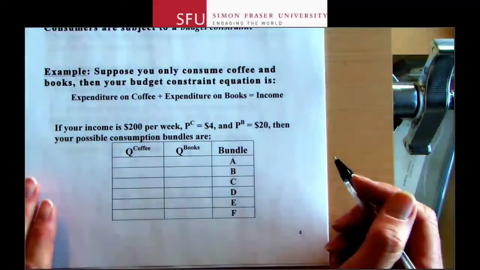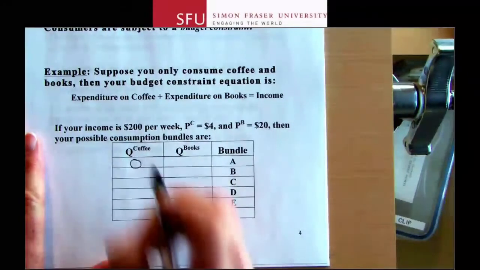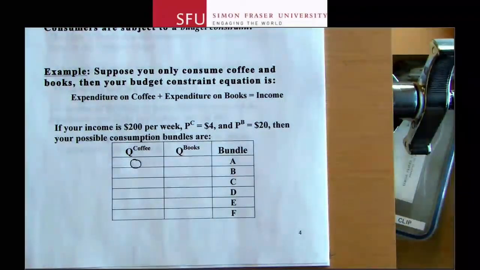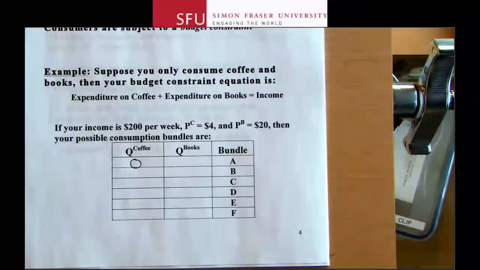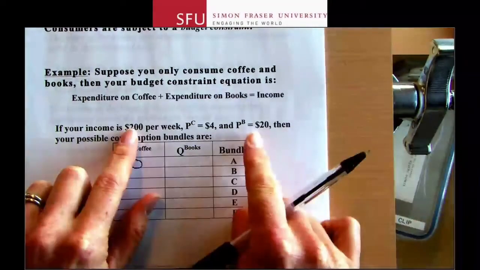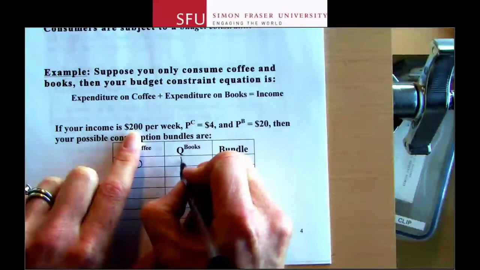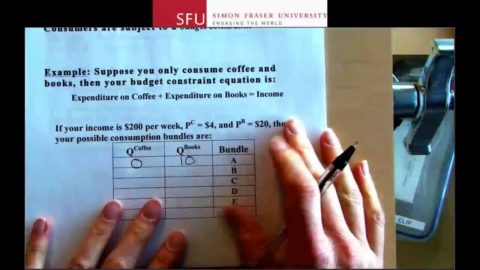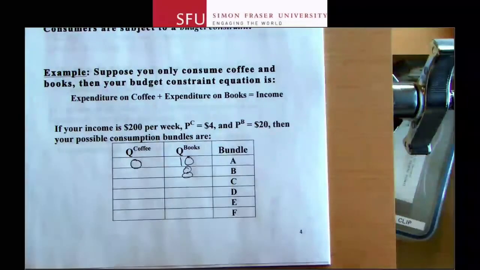Okay, so we'll start with 0 coffee. So if you get 0 coffees, what's the maximum number of books that you could get? 10, that's right. So you've got $200 and they're $20 each, so you could get a maximum of 10. Now, what if you were to only get 8 books?